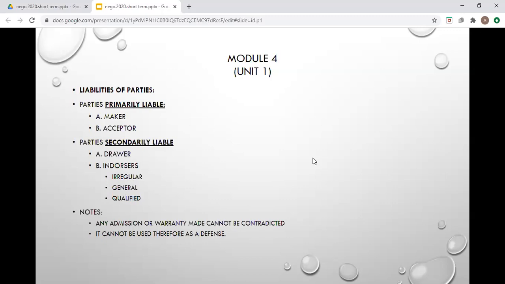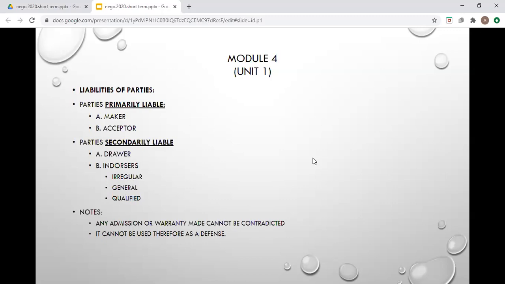And the second is that you should have been duly notified of the fact of dishonor. If the instrument has not yet been dishonored, or if you did not yet receive the notice of dishonor, unless you have waived the same, your liability is not created.